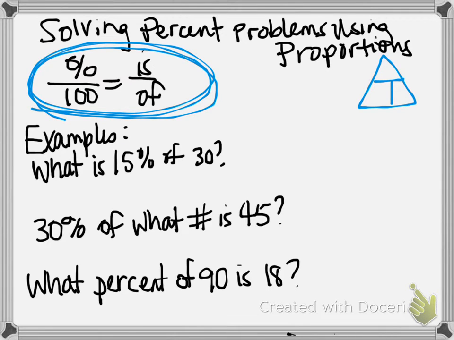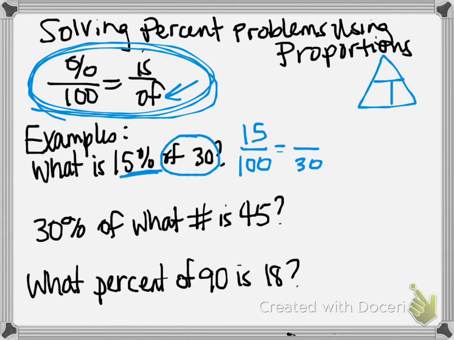Okay, so the first one, what is 15% of 30? So when you set up your proportion, it's always percent over 100. We have the percent at 15, so it's 15 over 100. This says of 30. Of goes on the bottom, so 30 on the bottom. What you're looking for is your x. Then it's just cross multiplying to solve.